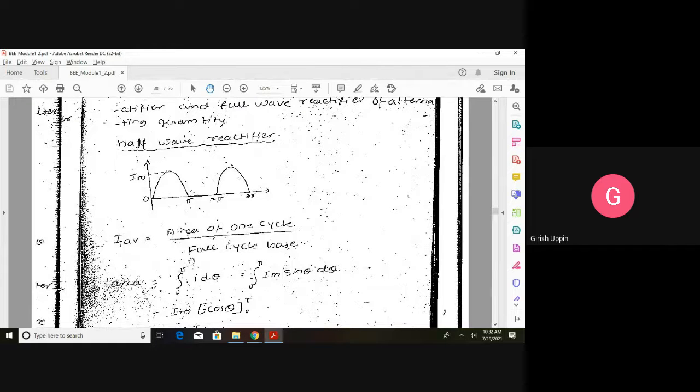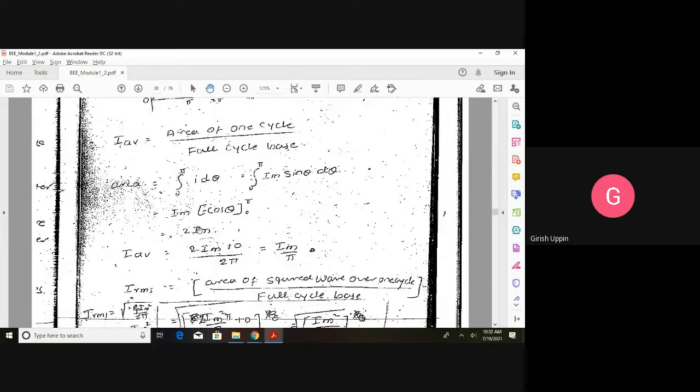Average is the area of one cycle divided by the full cycle base. So this area is 0. This half area we already found out. In the same way, you take a small strip d theta, I into d theta, integrate 0 to pi, and you get 2Im. We have already done this. So therefore, what is the average value?